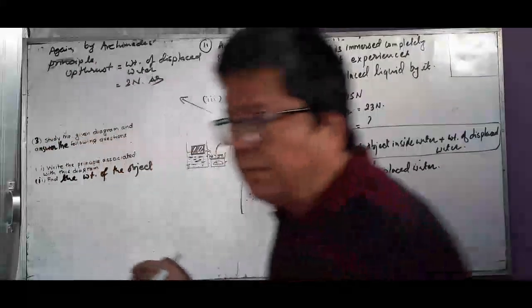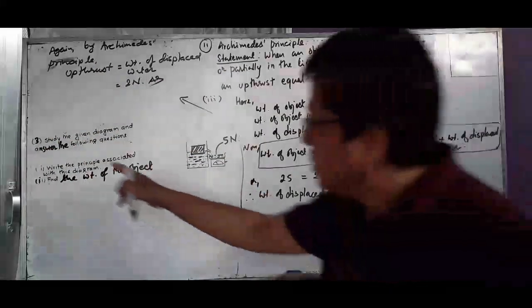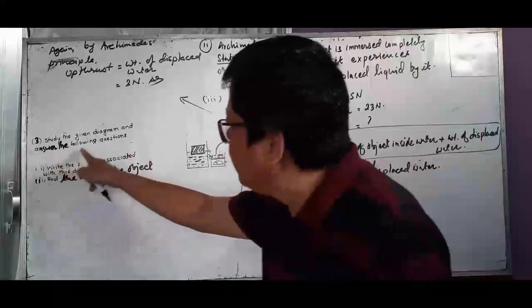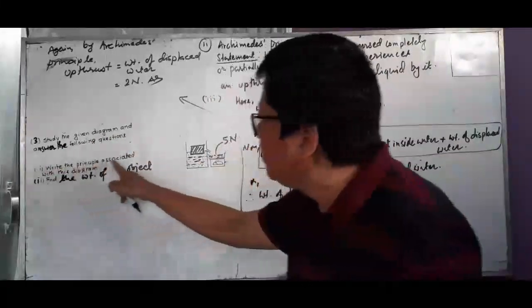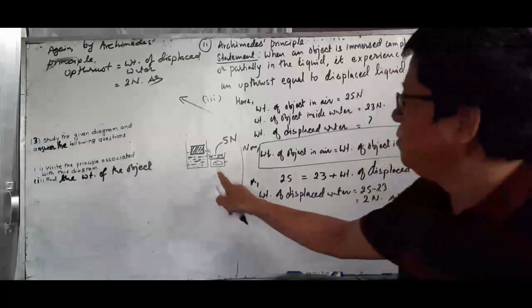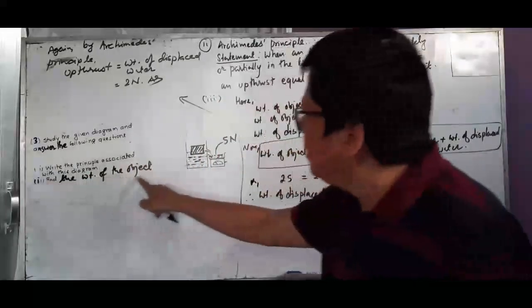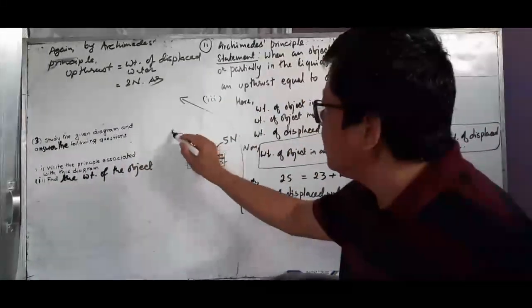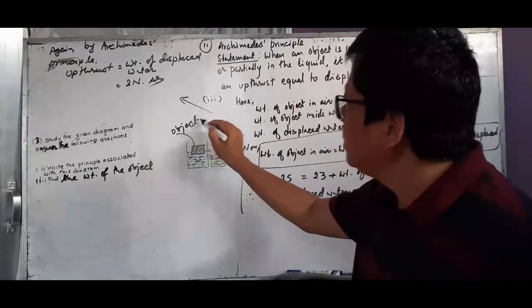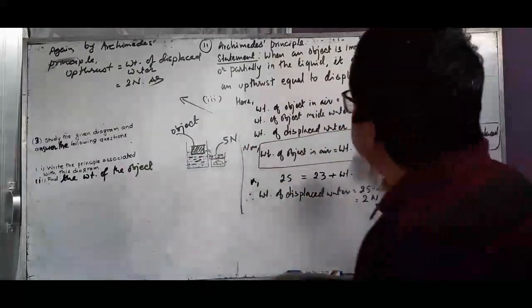I've made one more question here. Study the diagram and answer the following questions. First, write the principle associated with the diagram and find the weight of the object. This is the object. Look here.